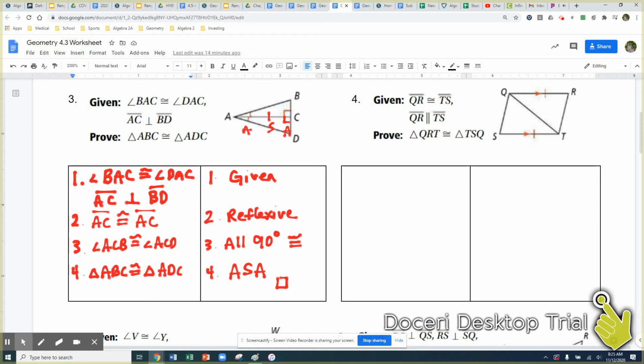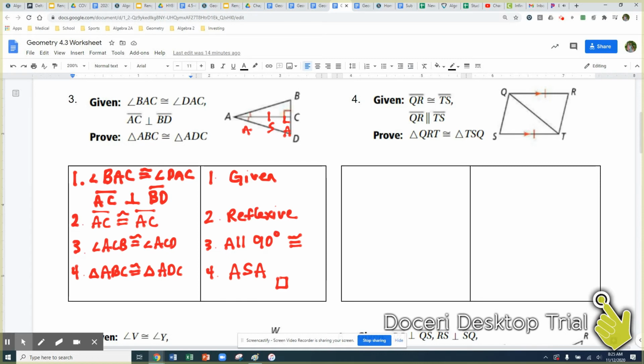You're going to have a drag and drop matching. So you'll have the statement, and then you just need to drag in, okay, given goes here.